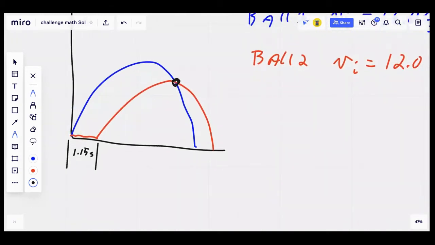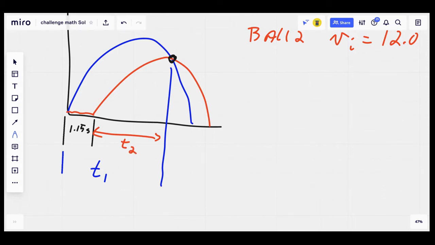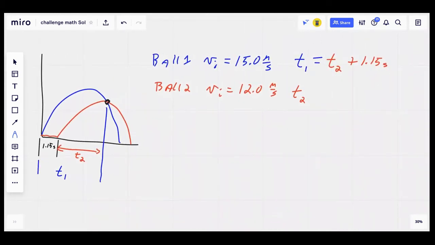Now the total time that's happening here for T1 is equal to T2's time plus 1.15 seconds. So when you're trying to figure out where I came up with that expression, that's where it comes from. So T1 is T2 plus 1.15 seconds.